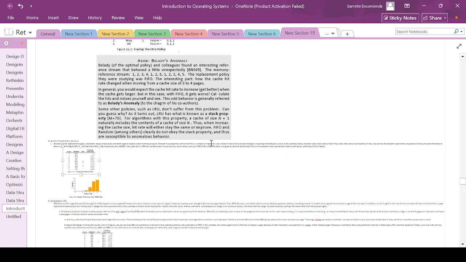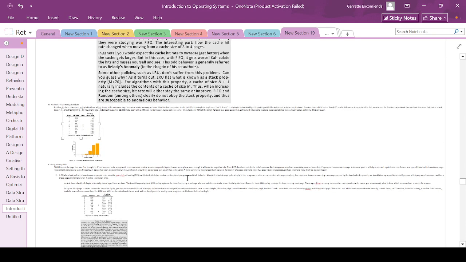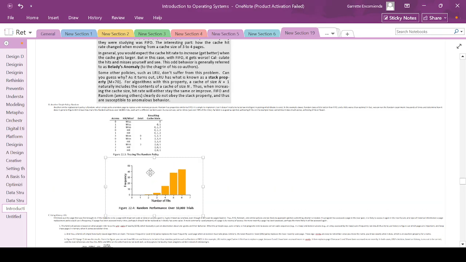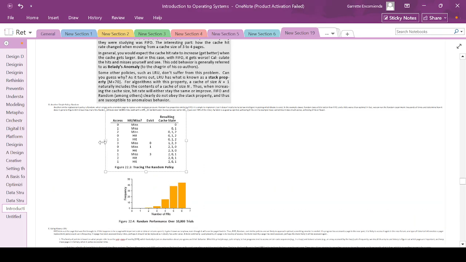But for looping, or accessing the same page over and over again, random works better. But you rarely do that in a real system, accessing the same page of memory. So it really depends on your goals, just like we discussed in data structures and algorithms. No one size fits all, right?